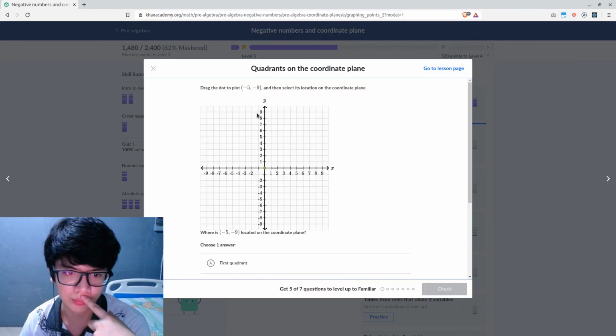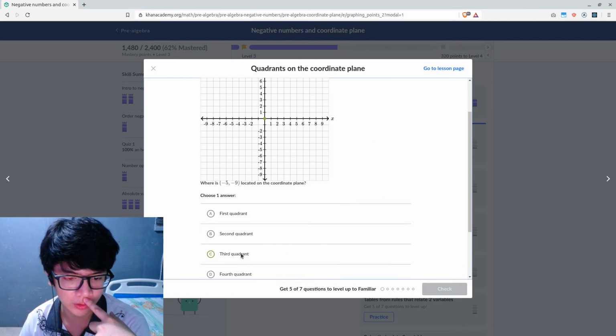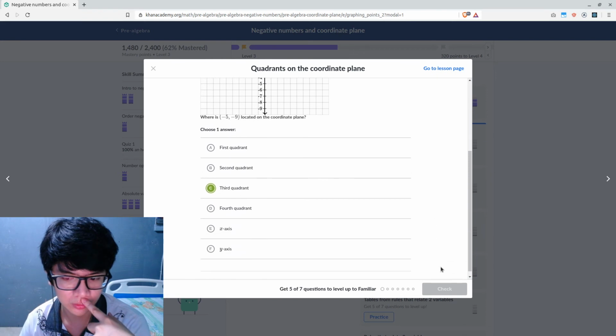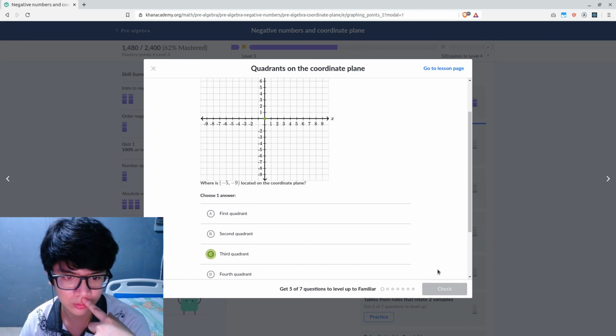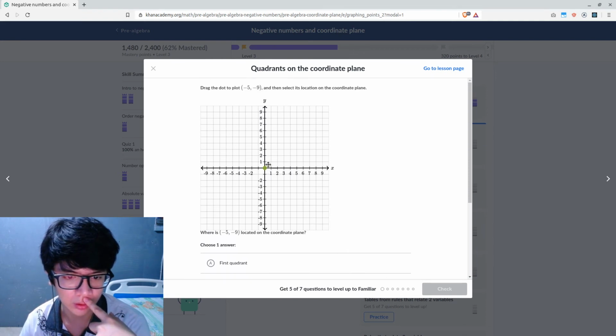Quadrants in the coordinate plane. Where is the coordinate? Third quadrant. Oh, I have to grab as well. Okay, -5, -9. 5, -9.